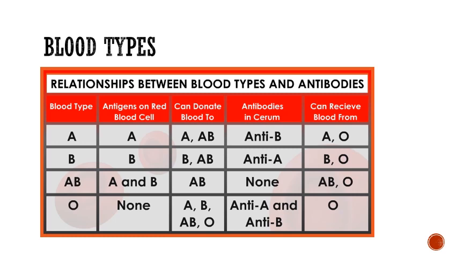And O can donate to everybody: A, B, AB, and O. And that's why O blood is so sought after, because it's a universal donor. And then when we talk about universal recipients, if somebody is AB positive, they can receive blood from anybody. So O can donate to anybody, AB positive can receive from anybody.